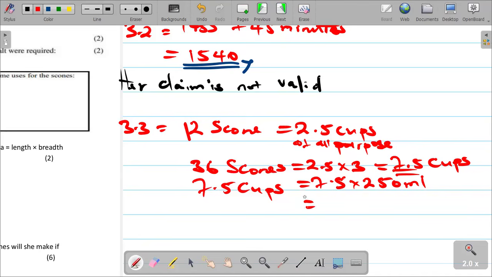That is going to give us 1875 milliliters.